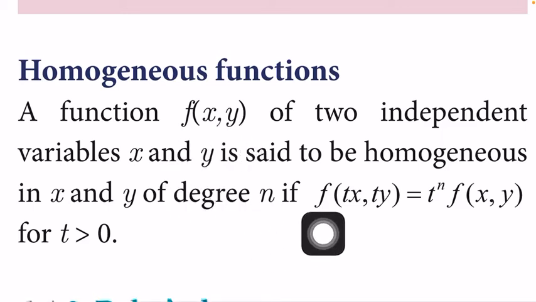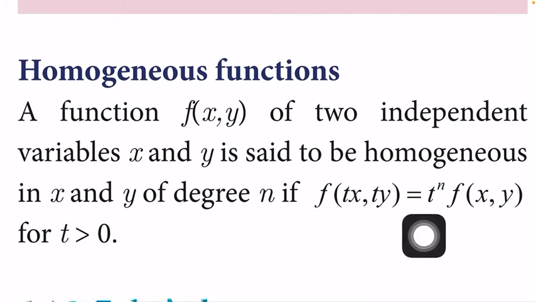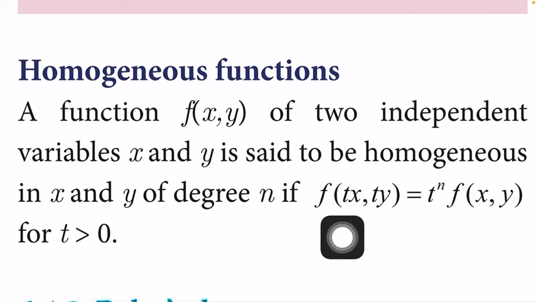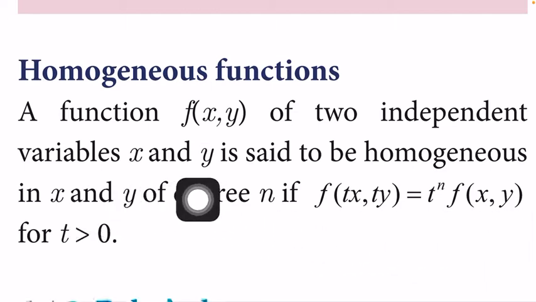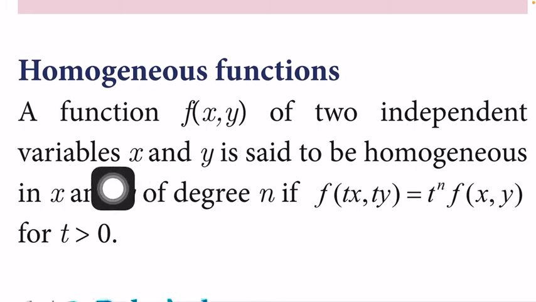But for f(tx, ty), instead of x we need to substitute tx, instead of y we need to substitute ty. f(tx, ty) is in the form t to the power n into f(x, y). If we could write like this, then f is a homogeneous function in x and y of degree n.